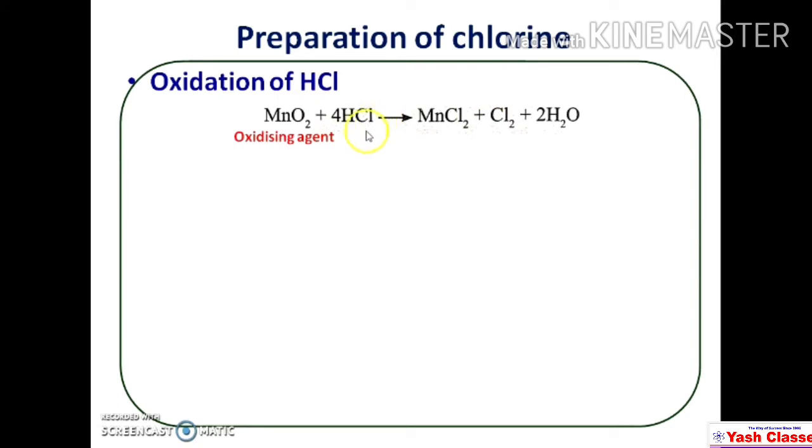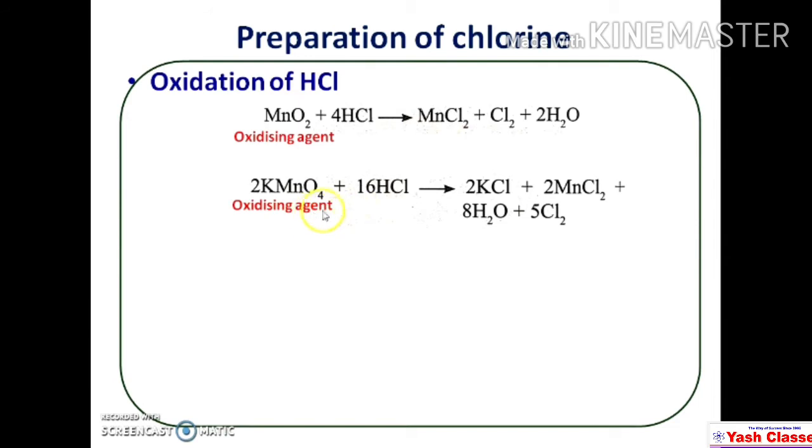So in HCl, oxidation number of Cl is -1 and in Cl2 it is 0, and therefore there is an oxidation of HCl into Cl2, and here manganese dioxide acts as an oxidizing agent. So hydrochloric acid, when treated with suitable oxidizing agent like manganese dioxide, there is a evolution of chlorine gas.